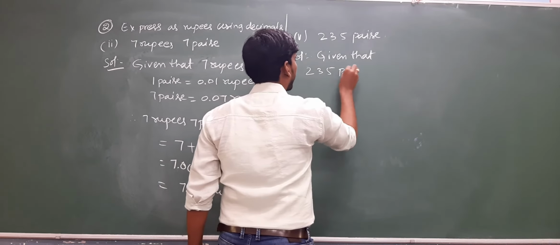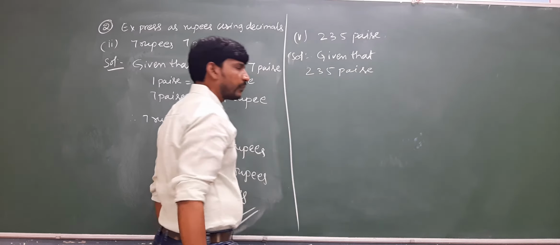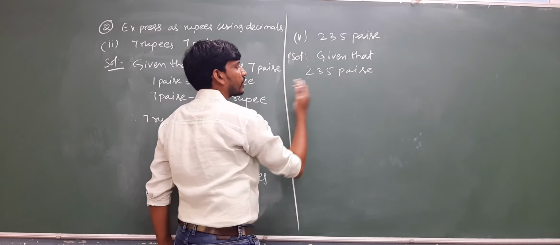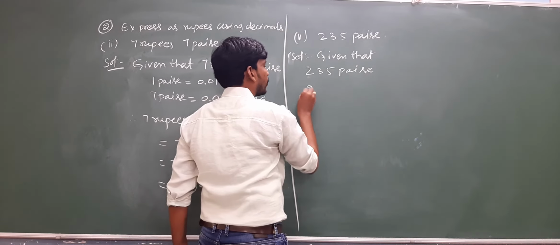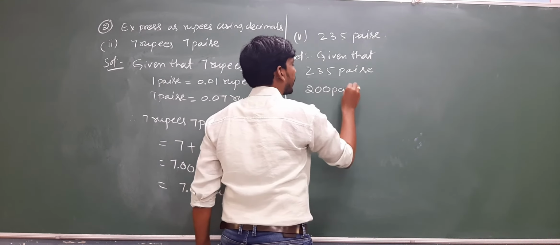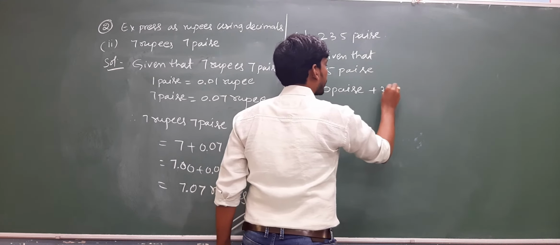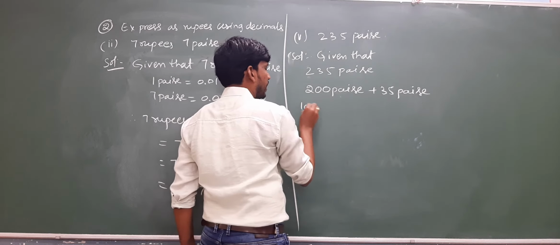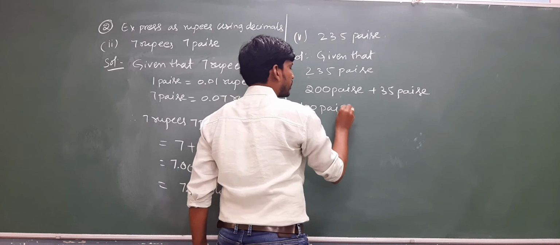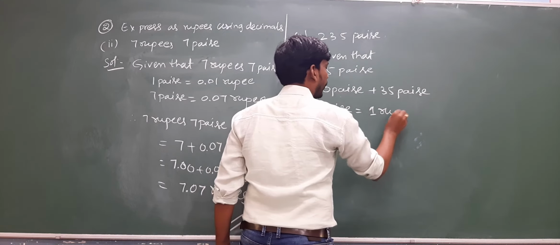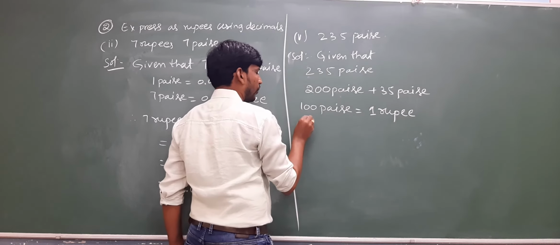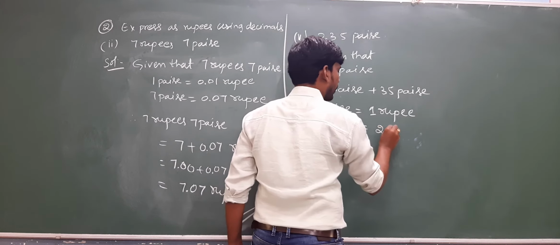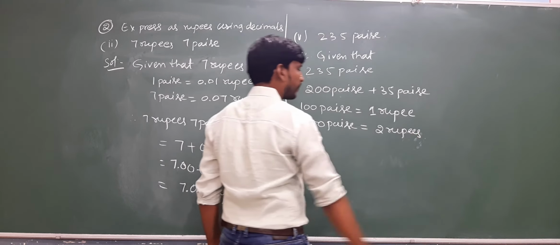235 paise. In 235 paise, see here, I am going to segregate this one separately. This is 200 paise, to make it easy to understand, plus 35 paise. Clear, my dears? So 200 paise, see 100 paise is equal to how much? 1 rupee. So therefore 200 paise is equal to 2 rupees.